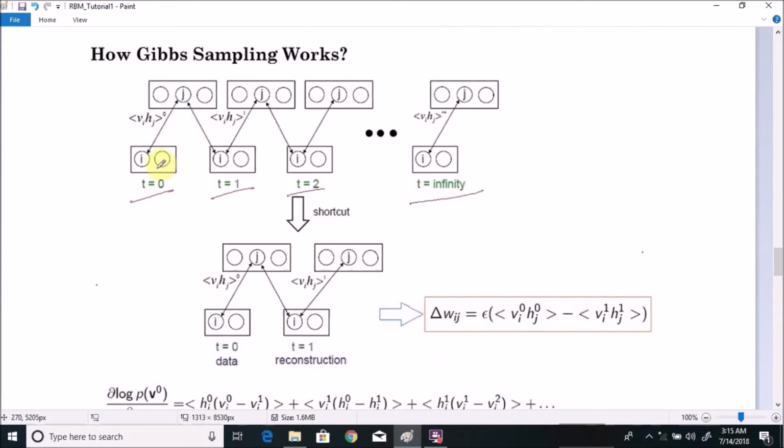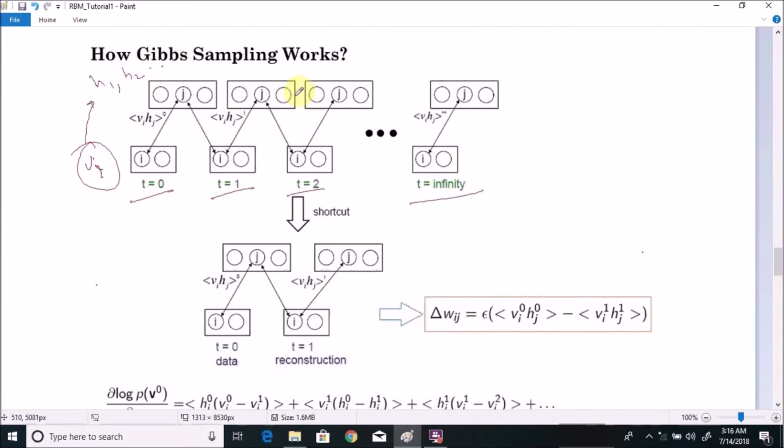In the first iteration, we start with a training vector of a visible unit vi, and by using that visible unit vi, we calculate the values for all connected hidden units, h1, h2.